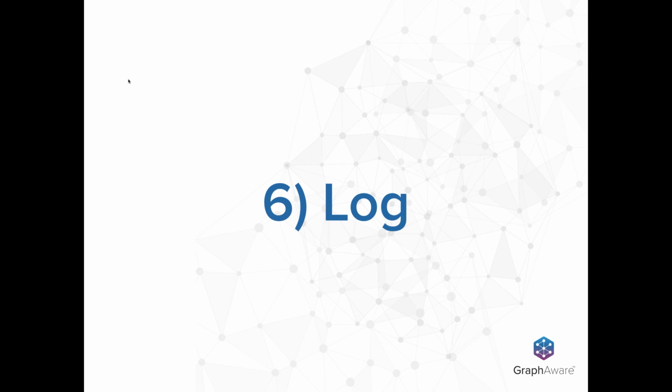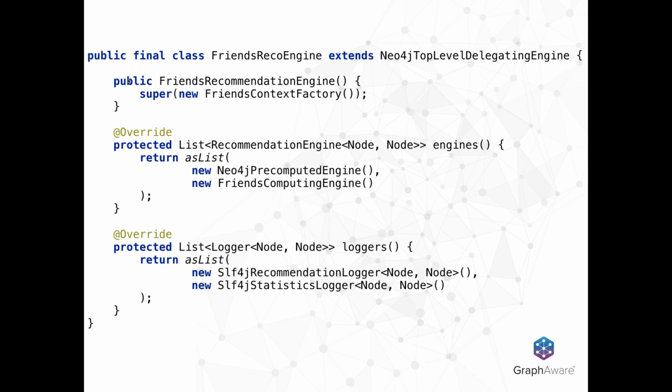Number 6 is the logging I was talking about. And again, very simply, into your recommendation engine on the very bottom of the screen now, you just say what loggers you want to use. And they will record recommendations and record statistics about them to wherever. So in this case, this is just an implementation that logs it using SLF4j to a file or to a console.